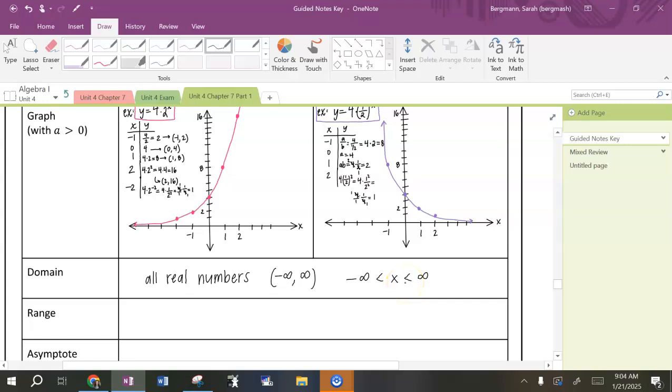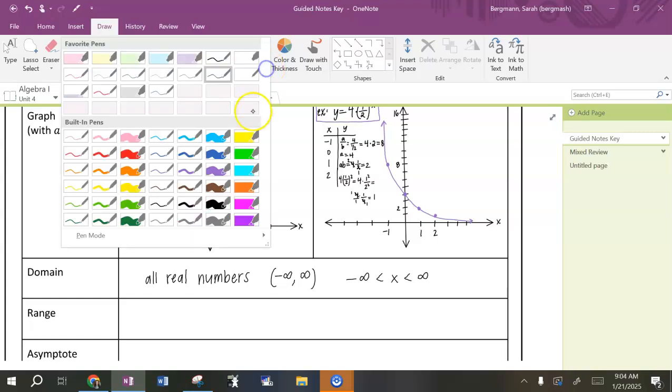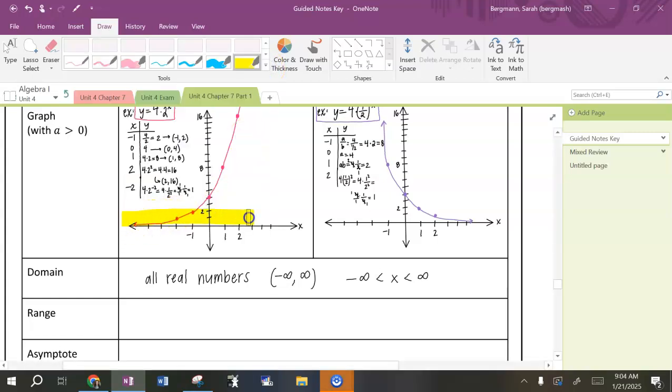Now for the range, we're talking about the y values. You might notice that these both have the same range also, because neither one of them crosses this x-axis, but it goes up forever after that. We could highlight everything above there. Same thing here. It never touches or crosses the x-axis, but we could highlight everything above there because it goes up forever.